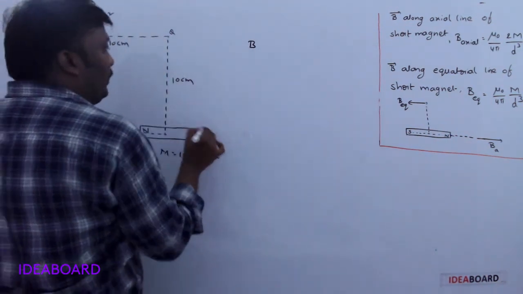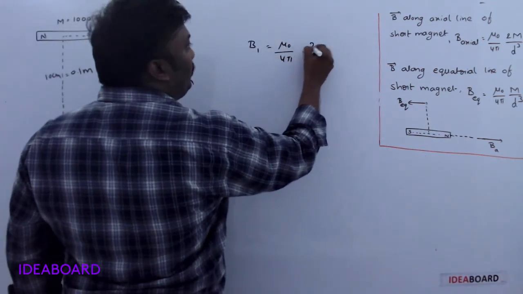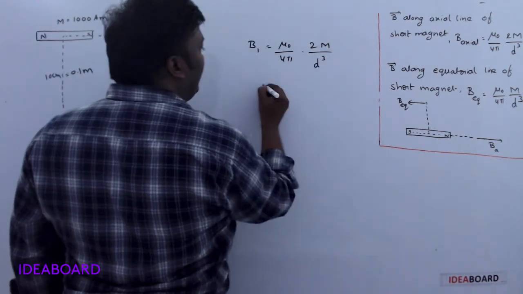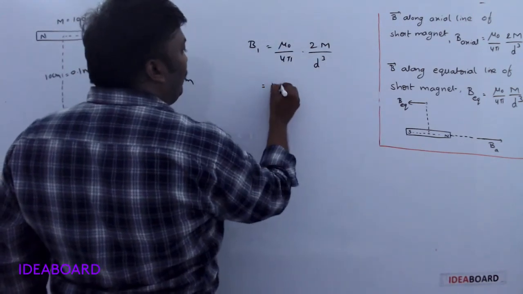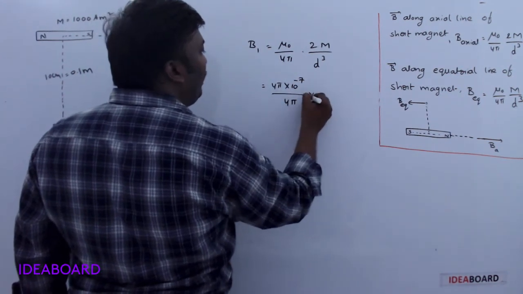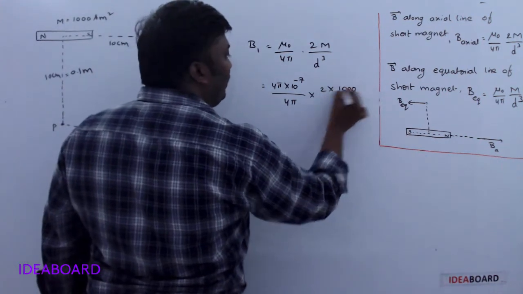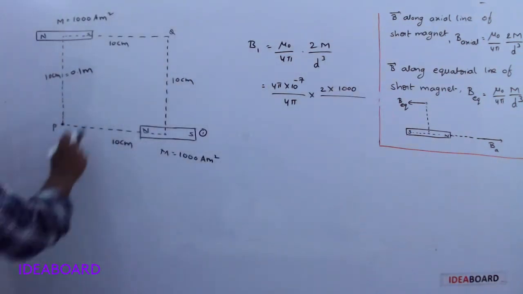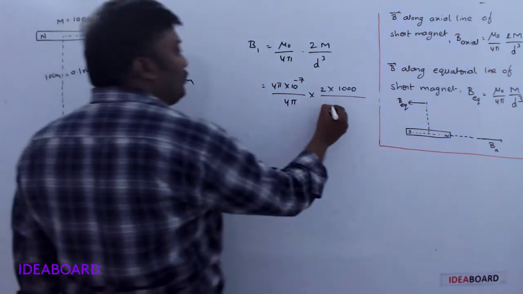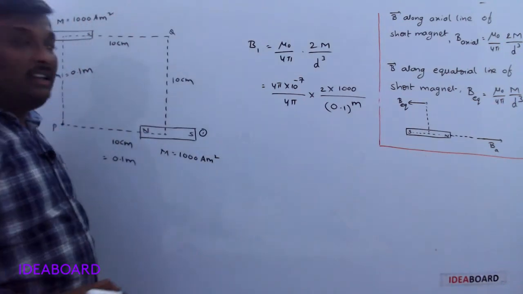Let it be taken as B1. Then B1 is equal to mu naught by 4 pi into 2m by distance cube. So mu naught by 4 pi is 10 power minus 7, 2 into the magnetic moment given as 1000, divided by the distance in SI units, which is 0.1, so 0.1 whole cube. Clear?